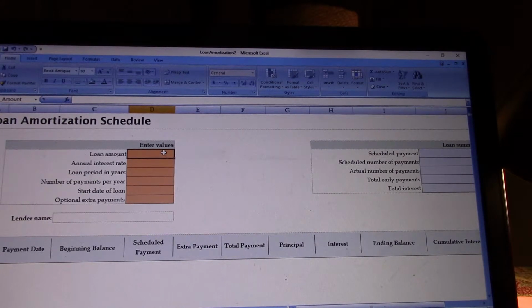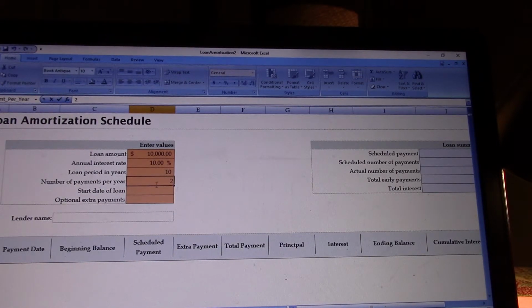Over here, the loan amount based on the question should be 10,000, right? The annual interest rate is 10%, paid twice a year. Loan period in years should be 10 years. And the number of payments per year, we should put 2 here.